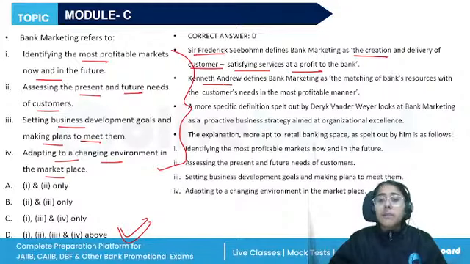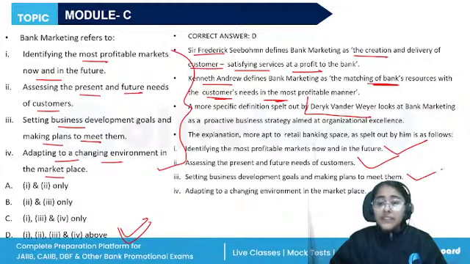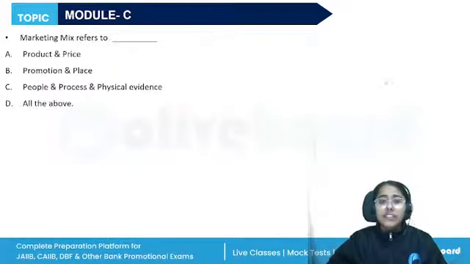Kenneth Andrew has defined bank marketing as the matching of bank's resources with the customer's needs in the most profitable manner. A more specific definition is given by Derek Vander Veer. According to this definition, retail banking marketing refers to identifying the most profitable markets now and in the future, assessing the present and the future needs of the customer, setting business development goals and making plans to meet them, and adapting to a changing environment in the marketplace. So these statements are from the definition given by Derek Vander Veer. So you should remember these definitions.